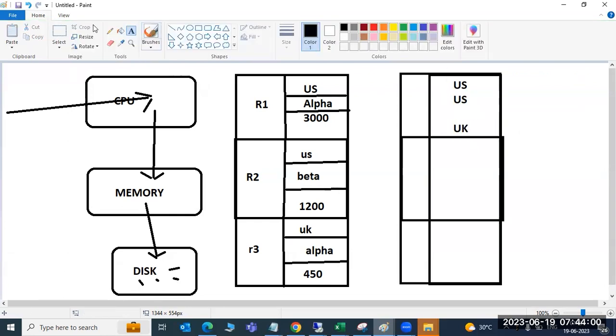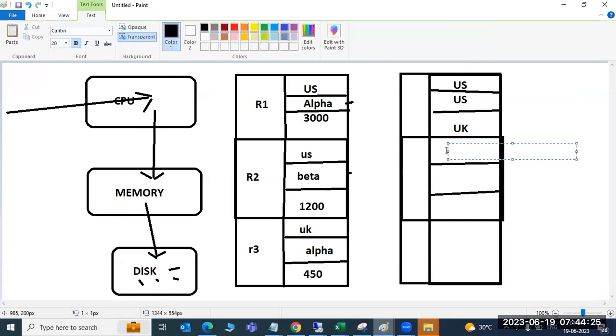Then all the items, whatever the items are, alpha, maybe beta, again alpha, everything will be stored this way. So see here, the row store reference and the column store reference.